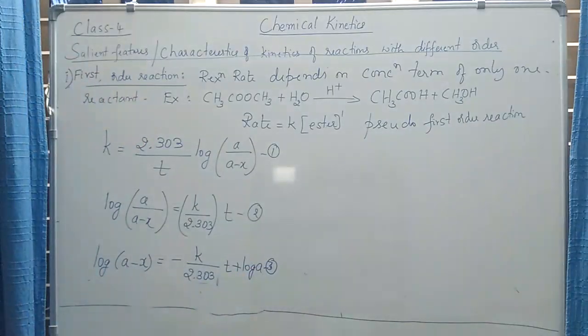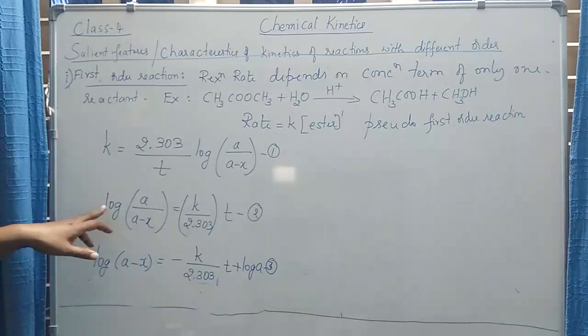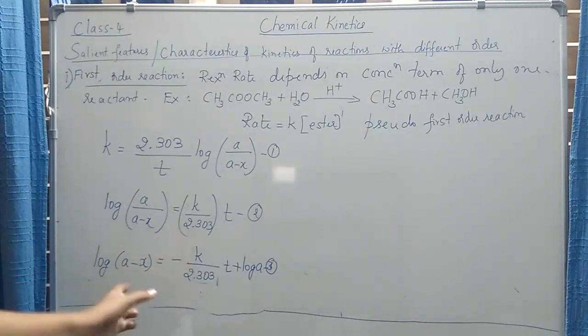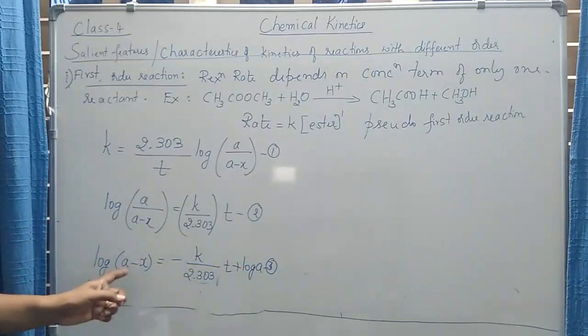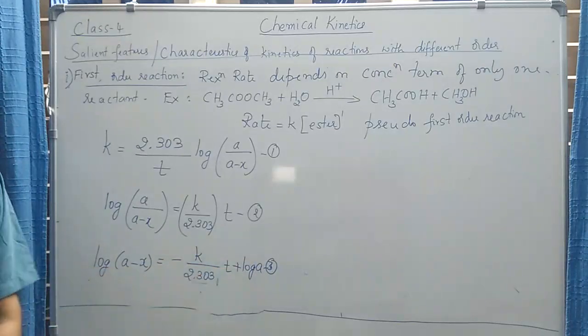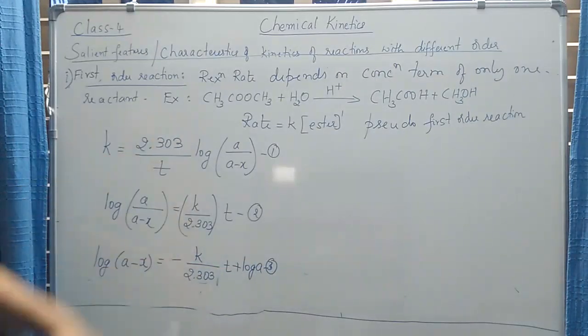Try to rearrange equation 2 by using the logarithmic rule, log of a by b is log a minus log b, and make some rearrangement. You will definitely obtain this equation 3: log of a minus x is equal to minus k divided by 2.303 into t plus log a. So any one of these equations you can use to represent the kinetics of a first order reaction.